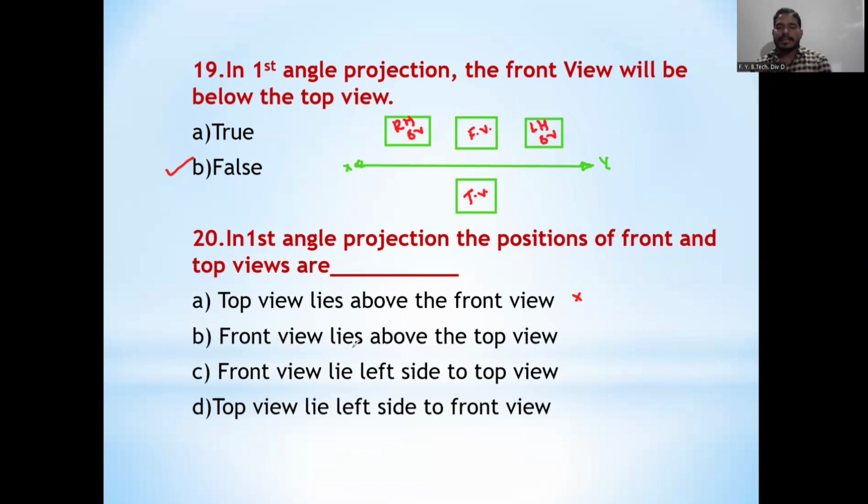The front view lies above the top view. This front view is above the top view, that means correct. So option B will be correct here. Then the front view lies left side of the top view, it's not correct. Then the top view lies left side to the front view, it's also not correct. So that's why here option B is correct, because as per this, the front view lies above the top view. Okay.